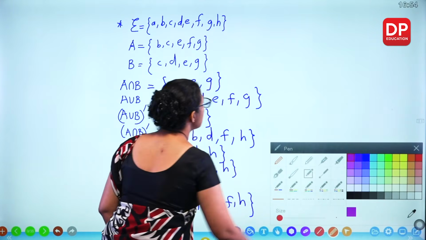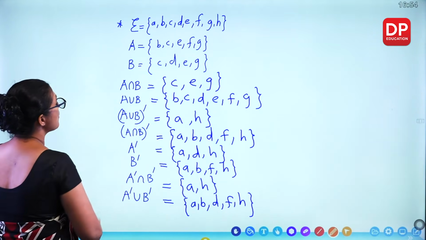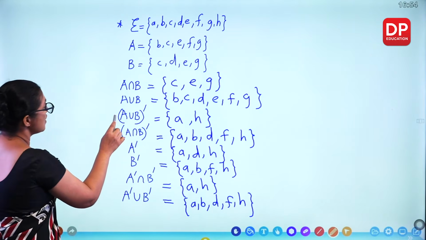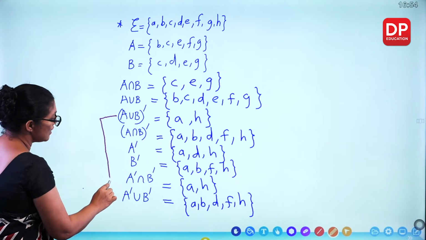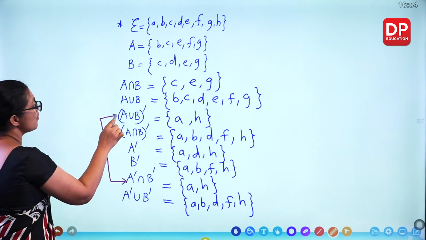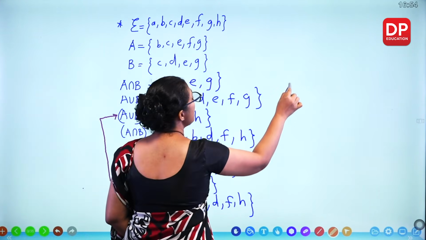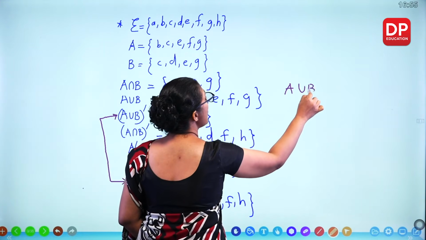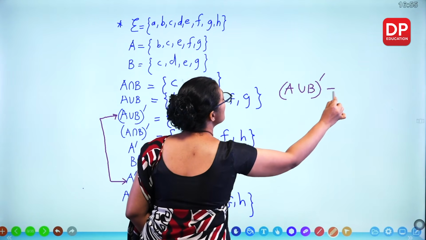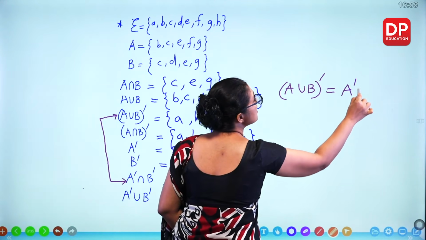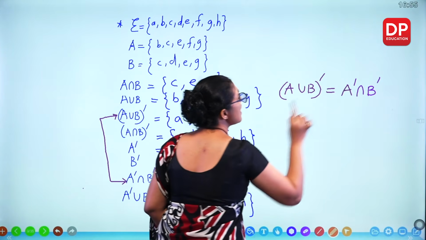Now look carefully and identify equal sets. What are the equal sets? Look carefully. AH, AH. This one and this one, both are equal. So I can write A union B dash is equal to A dash intersection B dash.